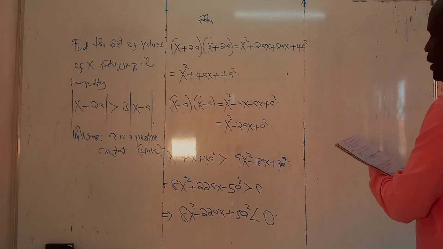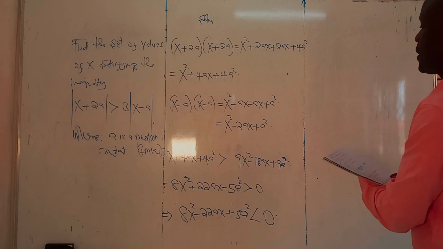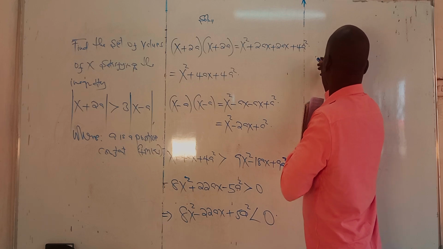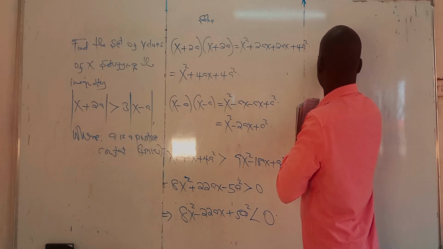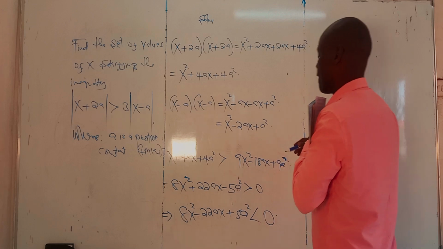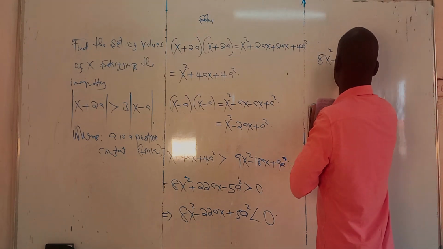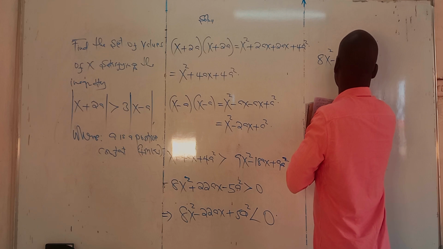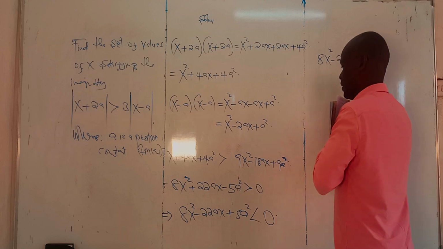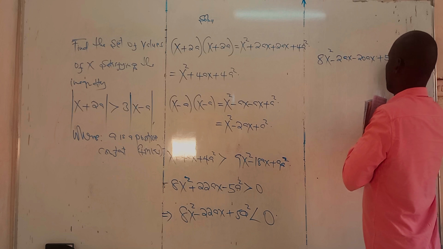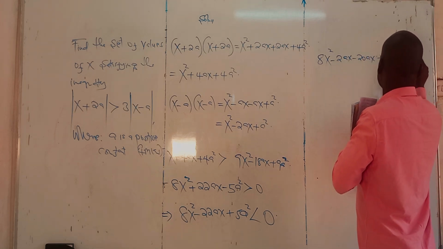So what we'll basically have here is, we'll say 8x squared minus 2ax minus 20ax plus 5a squared is less than 0.